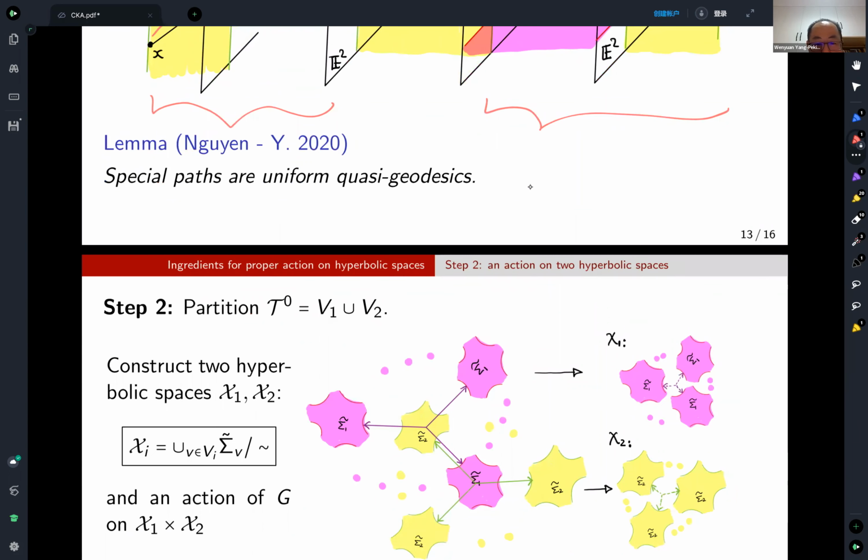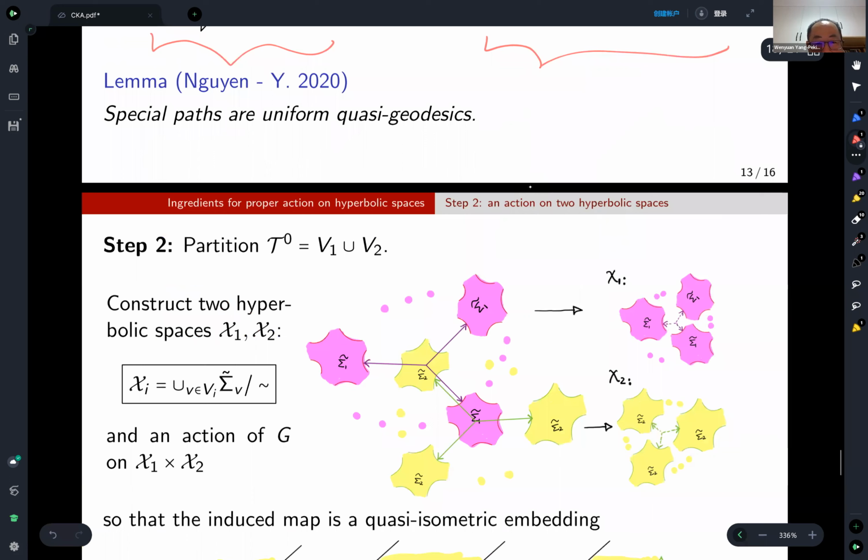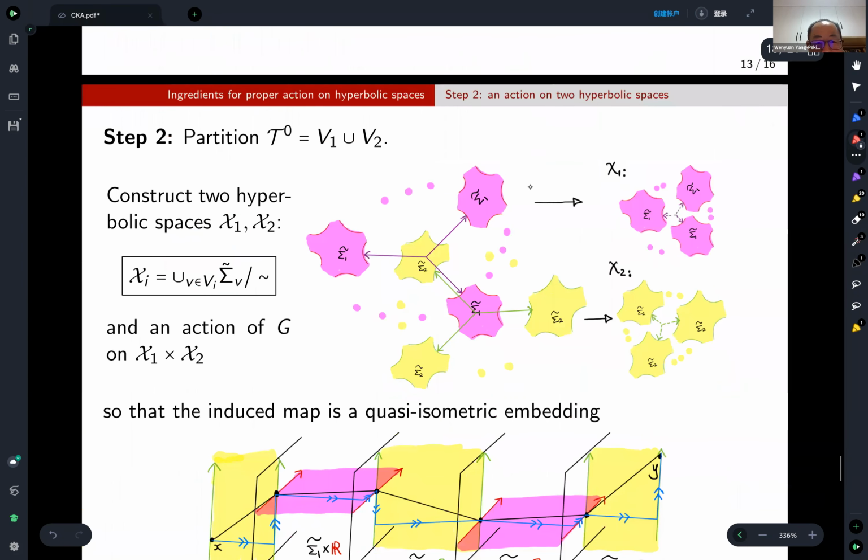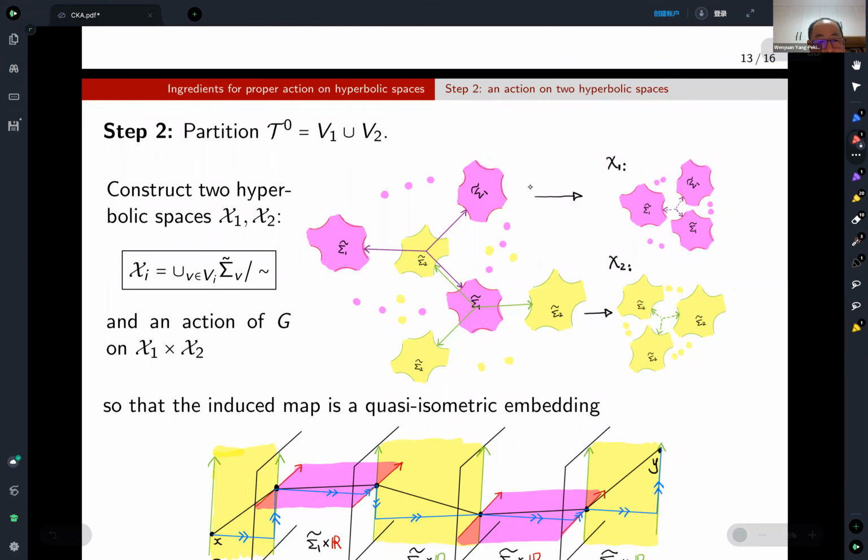Now let's go further. How to prove the second route? In this case, we need to construct an action on some finite product of hyperbolic spaces. So how to get hyperbolic spaces? The way is to first partition the vertex set of the Bass-Serre tree into two disjoint parts.